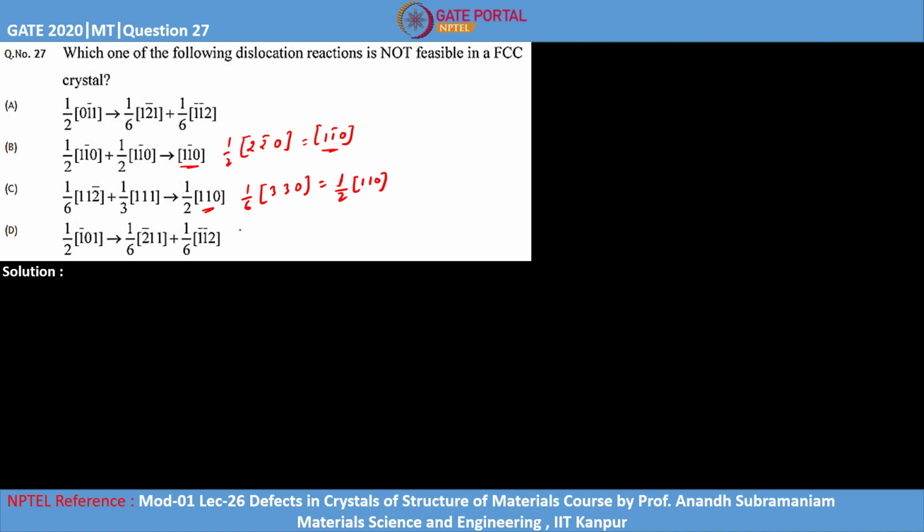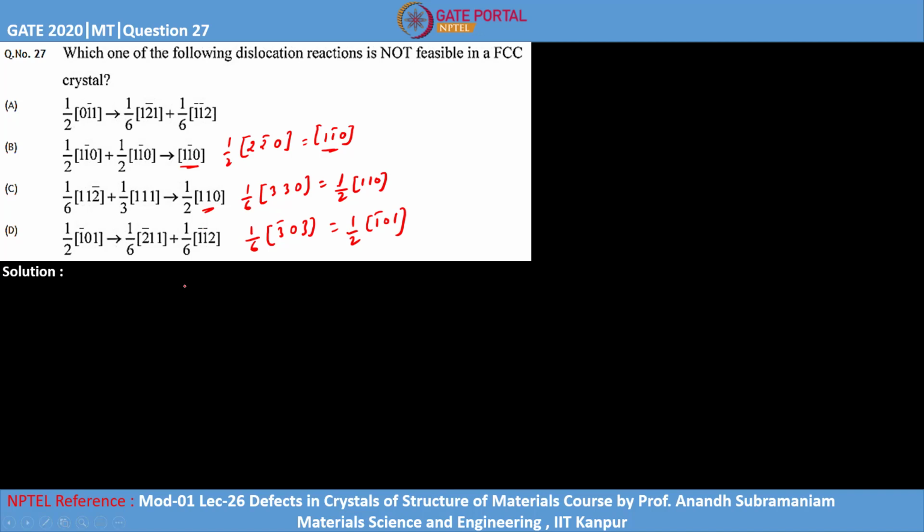Similarly, for this one, if you sum this, we should get this. So 1 upon 6, 2 bar, 1 bar is 3 bar, 1 plus 1 bar will give you 0, and 1 plus 2 will give you 3. So if you simplify, we will get 1 upon 2, 1 bar 0 1. So vectorial sum is correct.